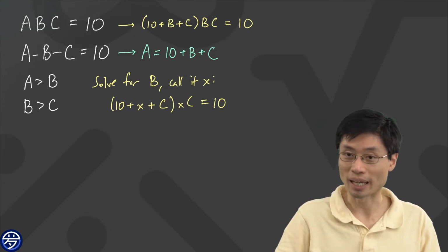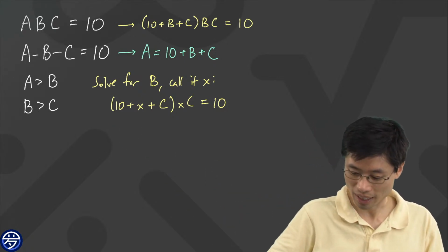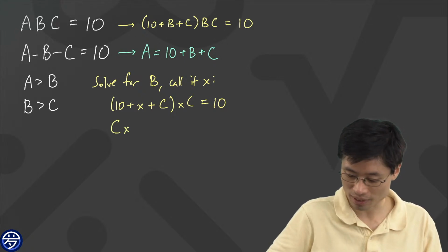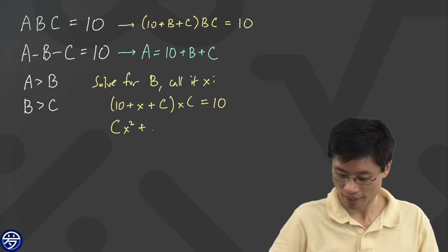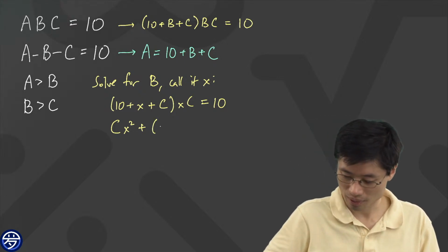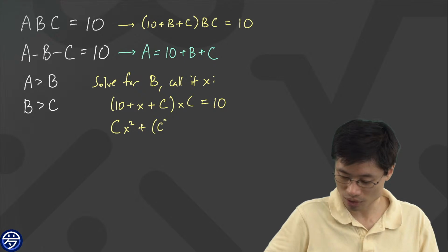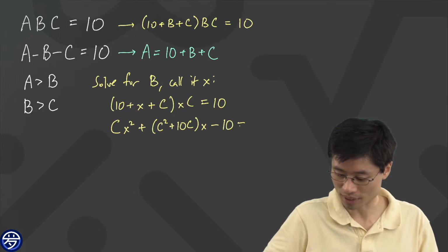If I expanded this out, I would get Cx squared plus, how many x's? It looks like it is (C squared plus 10C) x's minus 10 is equal to 0.